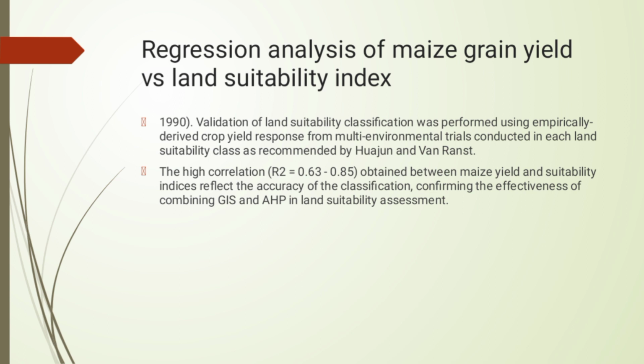The high correlation obtained between maize yield and suitability indices reflects the accuracy of the classification, confirming the effectiveness of combining GIS and AHP in land suitability assessment.